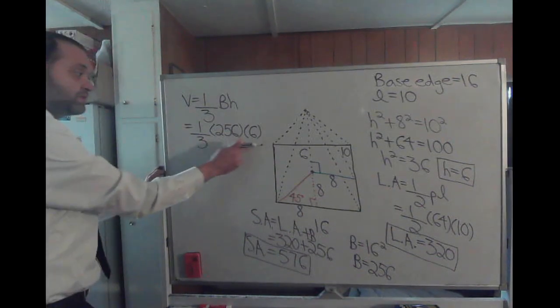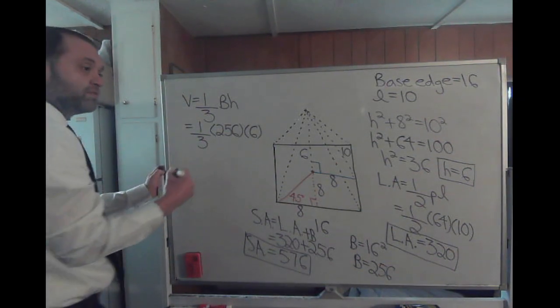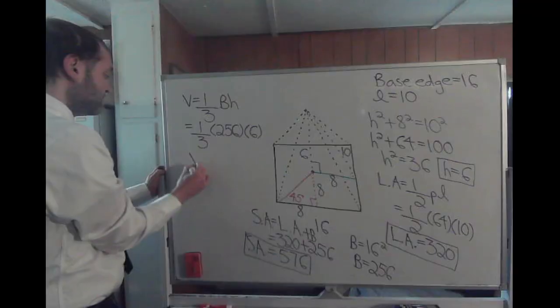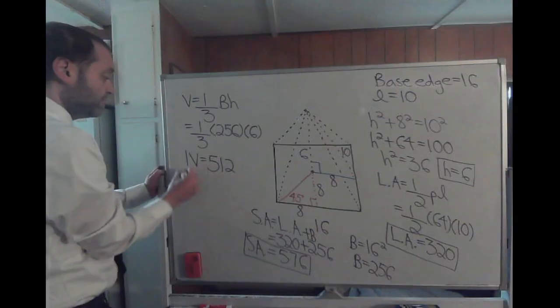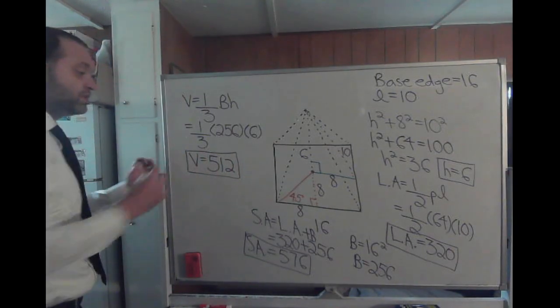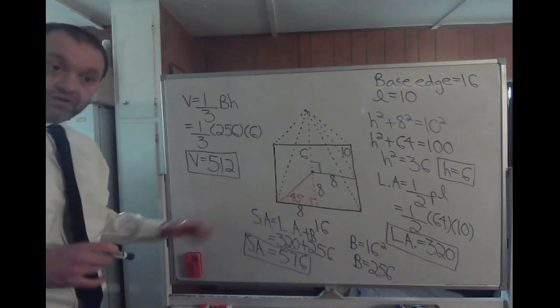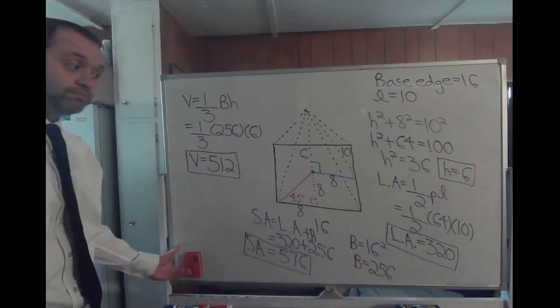So let's see, a third of 6 is 2 times 256. That would give you a volume of 512 cubic units. So the volume of this pyramid would be 512 cubic units.